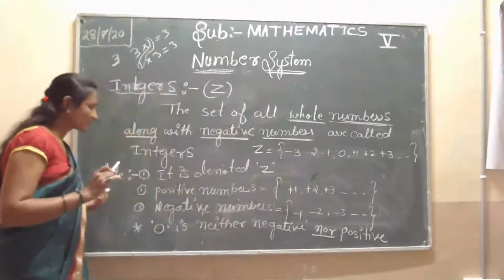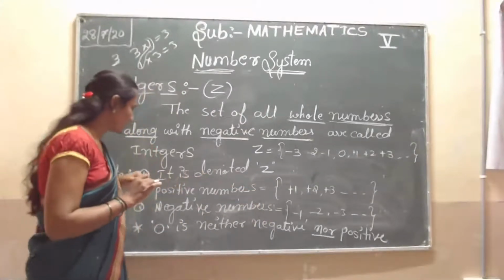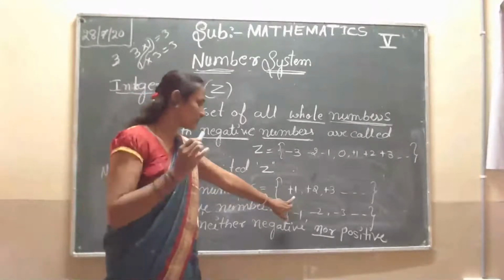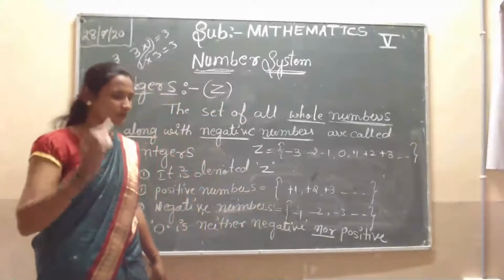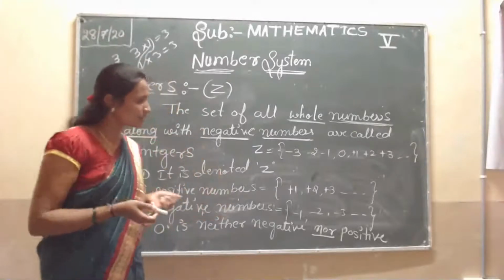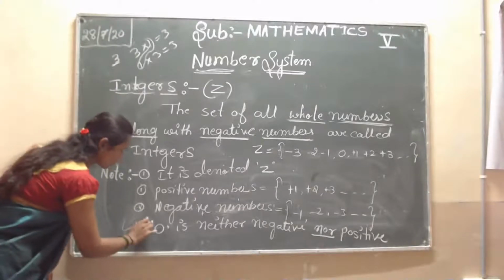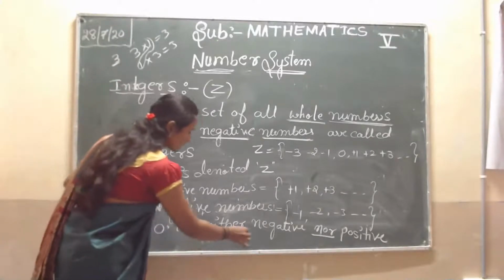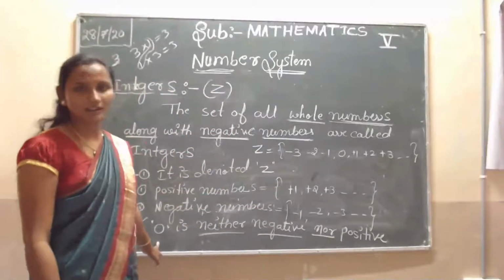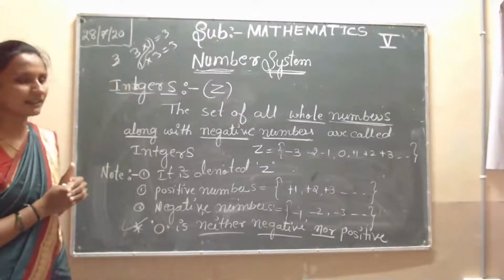Positive integers are +1, +2, +3, +4, +5, and so on. Negative integers are -1, -2, -3, -4, and so on, to infinity. It is important to remember that 0 is neither negative nor positive.